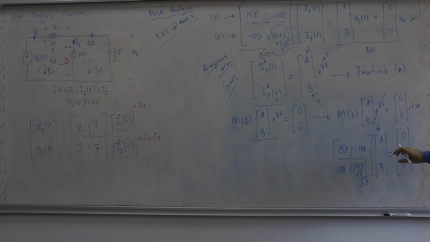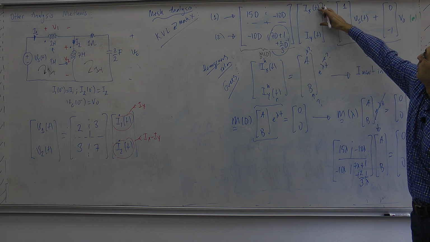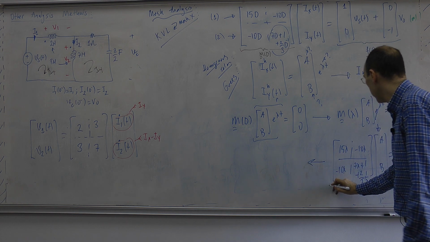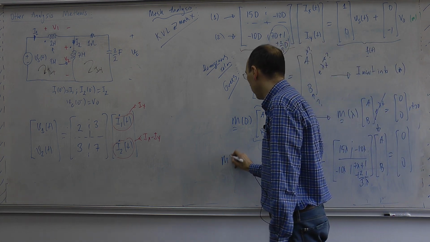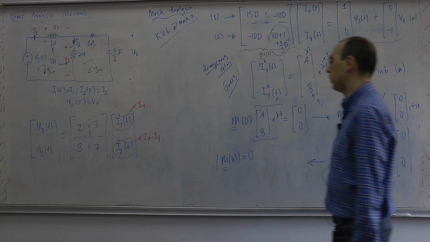So what's the solution of this? You can say A and B equal to 0 is the solution, which is correct. If you put 0, 0, whatever lambda is, you get the solution. Okay, the equation is satisfied. But that is not a very interesting solution, because obviously the 0 vector satisfies this homogeneous equation. So for a non-trivial solution, the determinant of this matrix M lambda has to be equal to 0. Am I right?